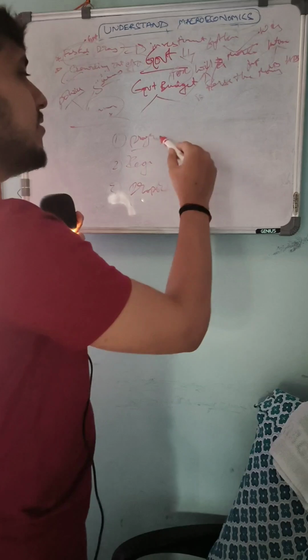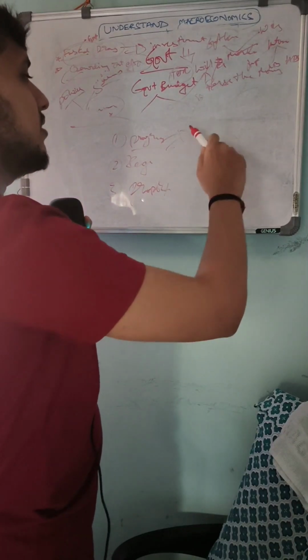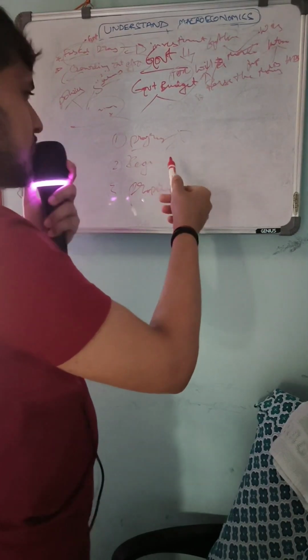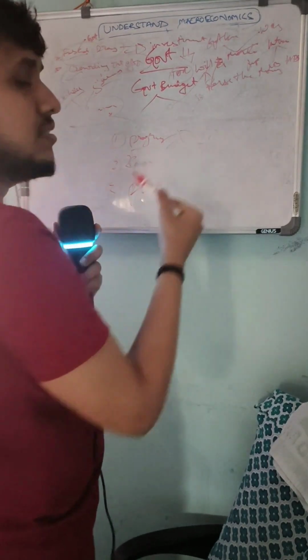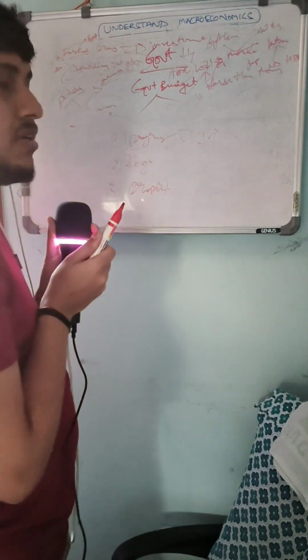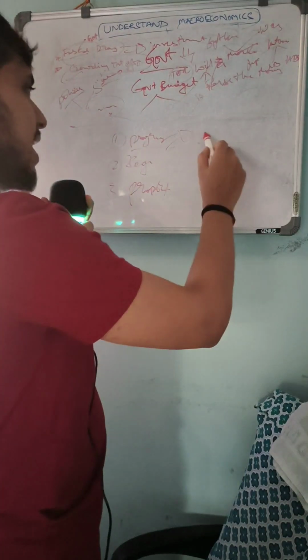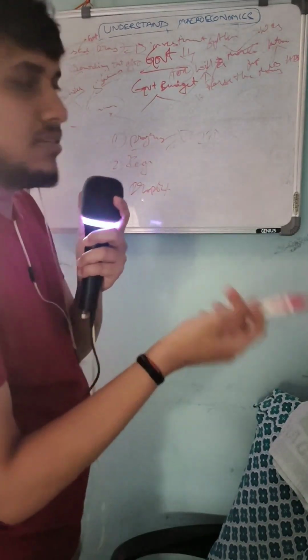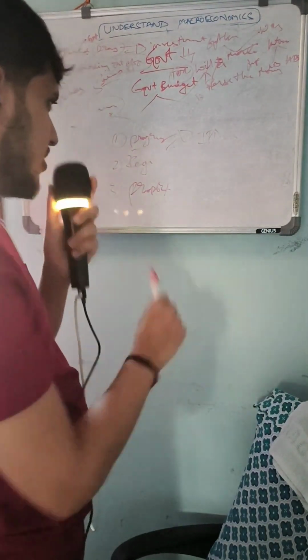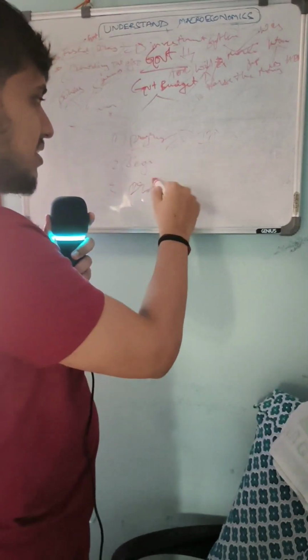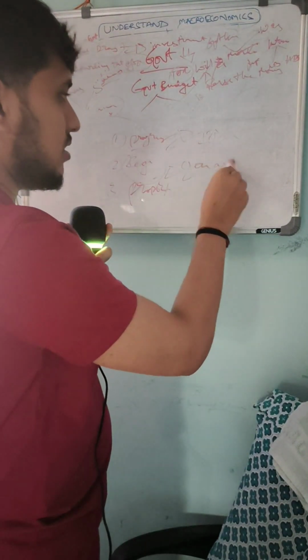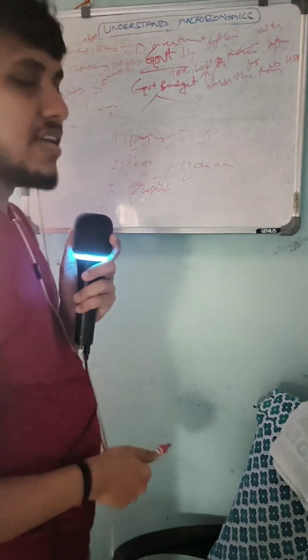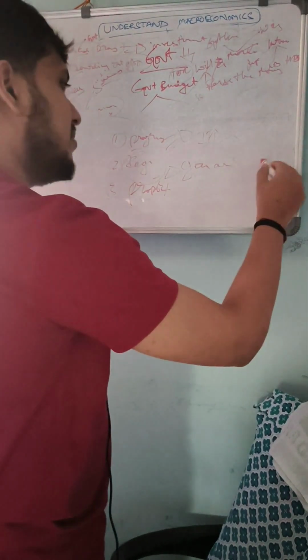In progressive tax, if your income is rising, then the income tax is also going to rise. You are going to be in a different bracket, and a different bracket has a different income tax. In regressive tax, it does not matter whether you are poor or rich, all are going to be taxed the same. For example, GST.